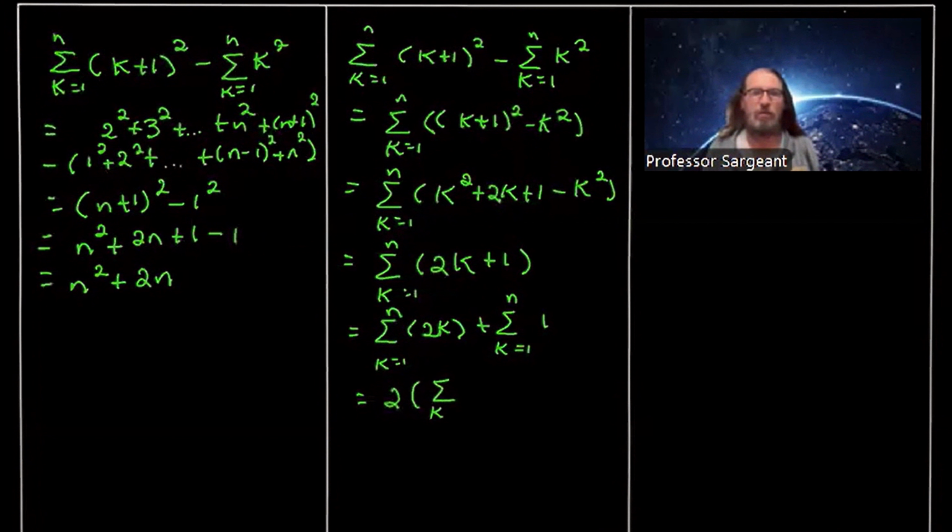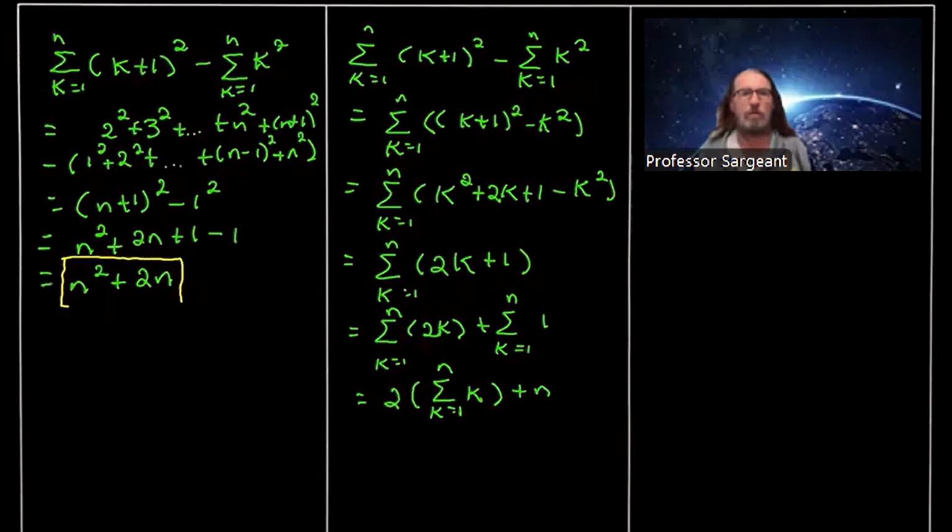We can factor out a 2 from that first sum. Now we see exactly what we're looking for. And on that second one, if you add up n copies of 1, you're just going to have n. We've counted the same thing two different ways.